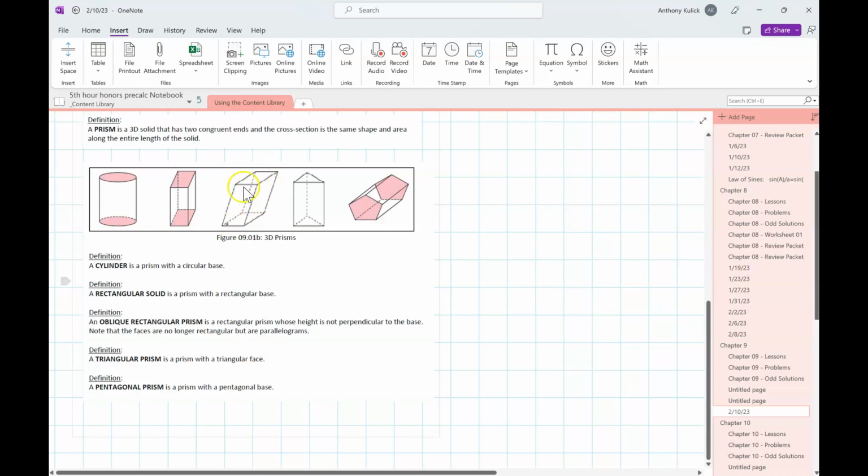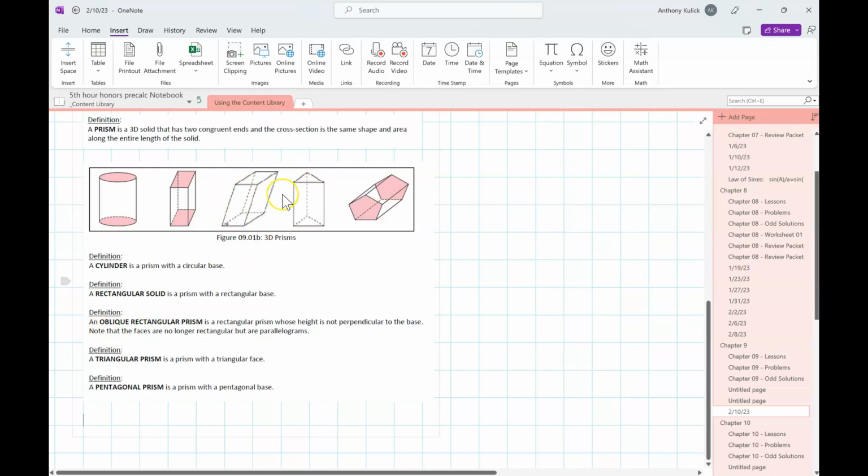What's this? It's the same thing except it's tilting, right? If the figure is not at a right angle, like if the height of the figure isn't perpendicular to the base, we call that an oblique figure. So this is an oblique rectangular prism.